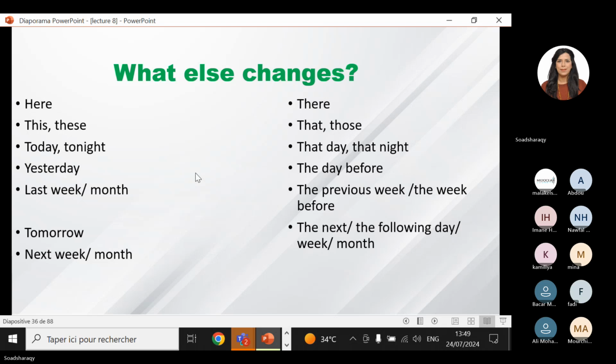Yesterday becomes the day before. Last week or last month becomes the previous week or the week before. Tomorrow becomes the next or the following day. Next week or next month. So we transform it into the next day, the following day, the next week, the following month, okay?